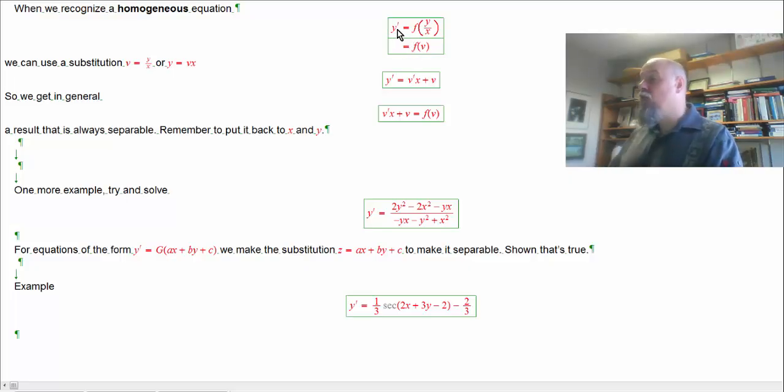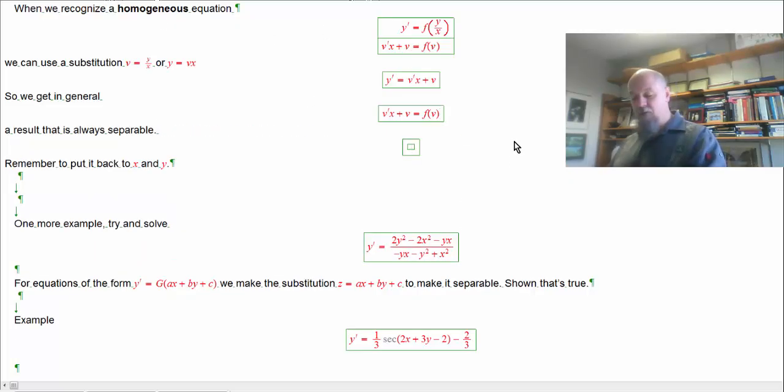And I have to remember, this is the place that everyone forgets, but you have to remember to change your y prime into your v prime x plus v. So when I do this substitution, there's my new differential equation. We promise that this is supposed to always be a separable equation.